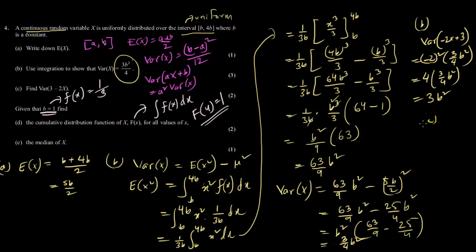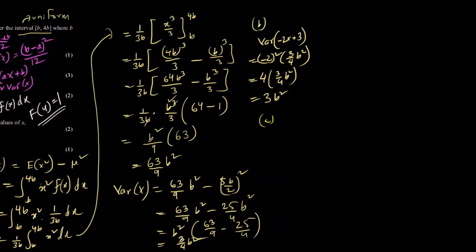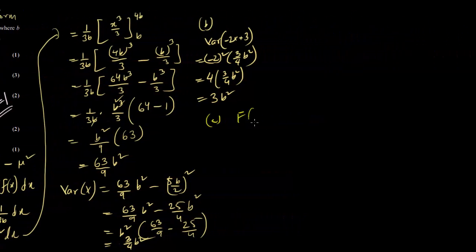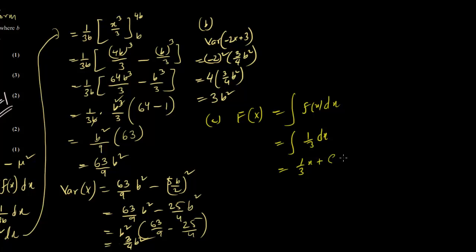So let's do this. We have cumulative equals the integral of f(x) dx. So we have 1 by 3 dx, so we have 1 by 3 x plus c. So we know F of the upper limit, which is 4, equals 1. Therefore 1 equals 1 by 3 into 4 plus c. That means c equals 1 minus 4 by 3, and that would be minus 1 by 3.